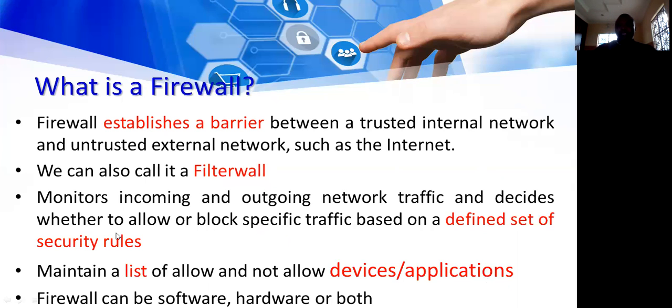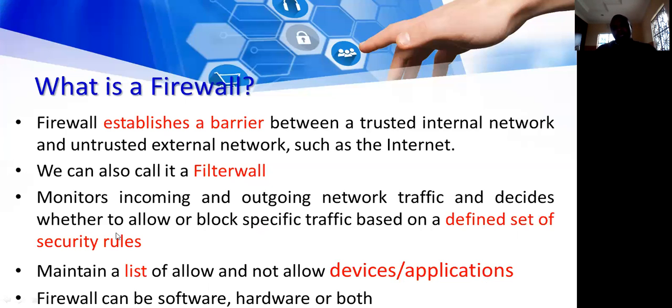And so I can easily detect a particular device that I want to block or allow on my network. Okay, so this kind of firewall at this stage can be used for this purpose.